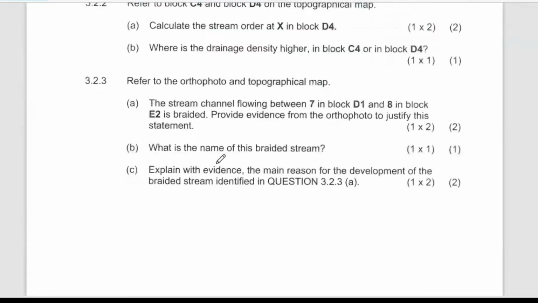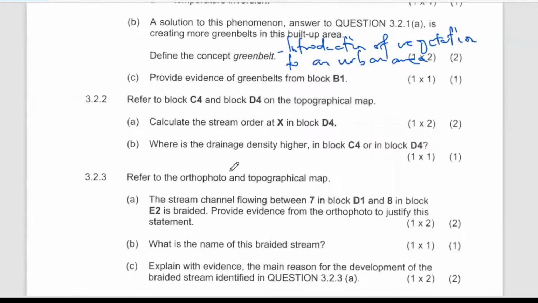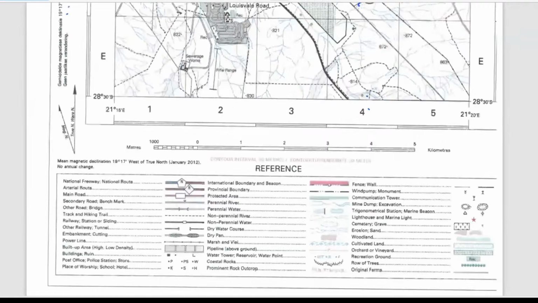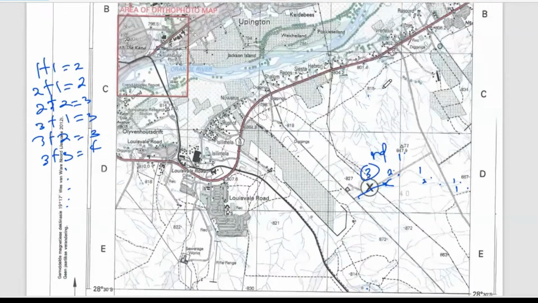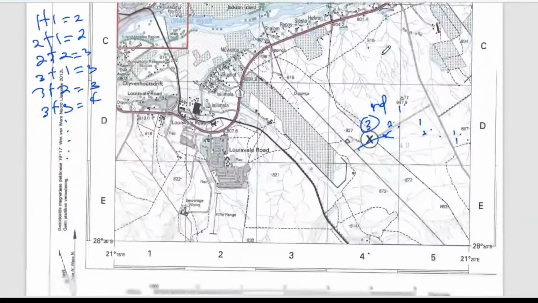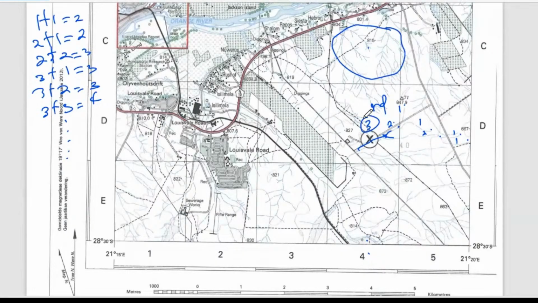The next question is, where is the drainage density higher, in block C4 or D4? Let's check C4 and D4. Block C4 is this one, and block D4 is this one here. Let me erase this.